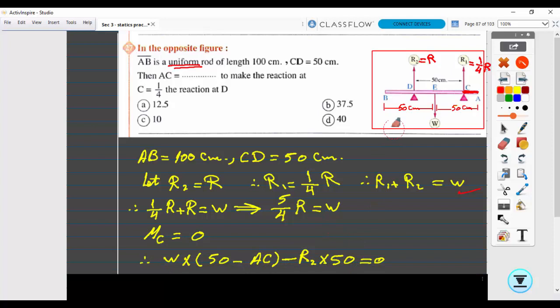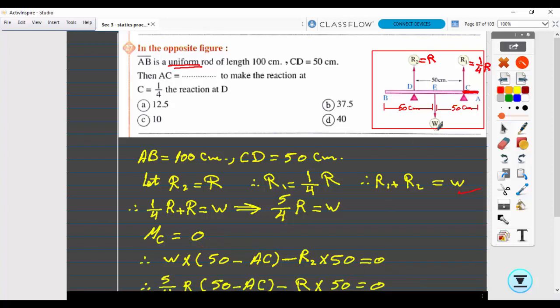Now, since the system is in equilibrium, the moment about any point equals 0. We'll take the moment about C, so the sum of moments of all forces about C equals 0.